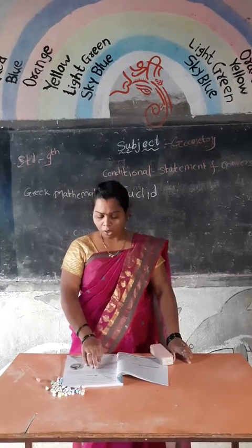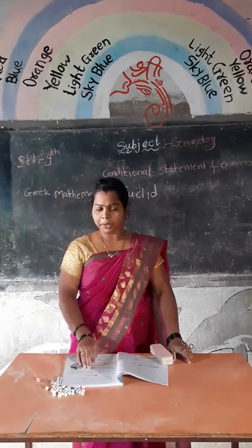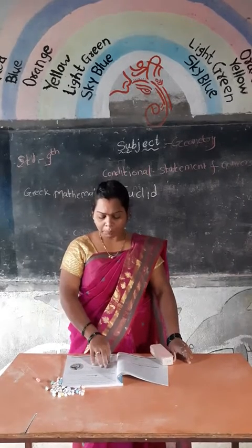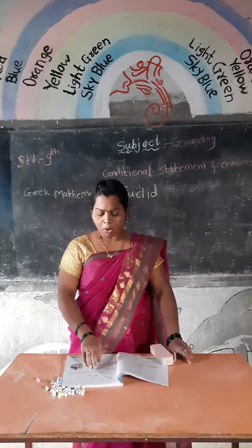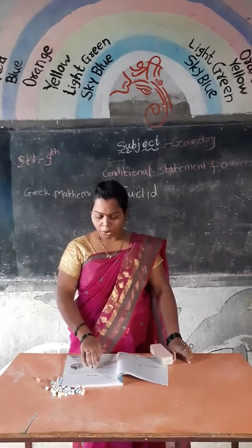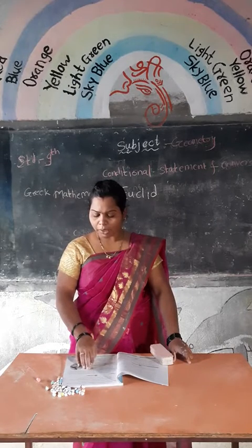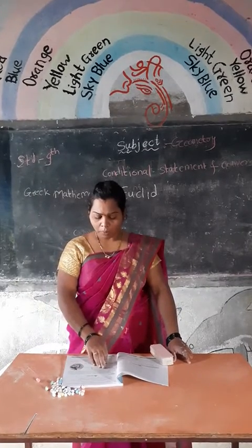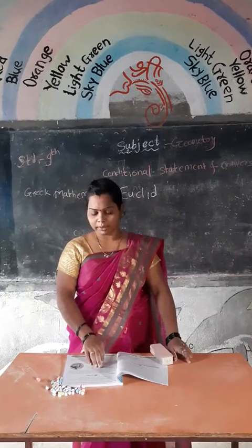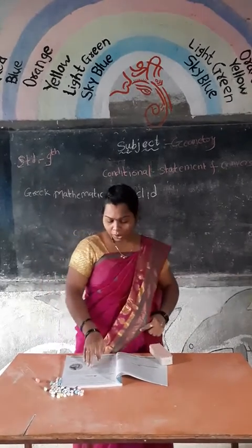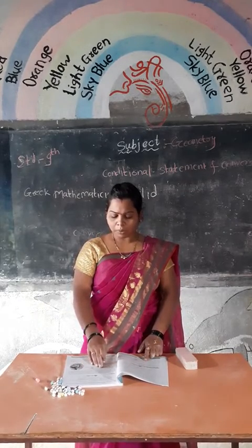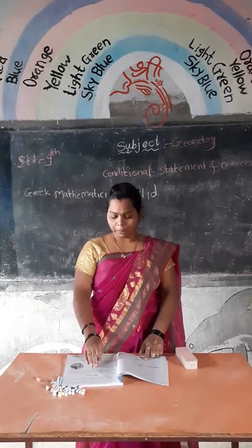He took for granted some self-evident geometrical statements which were accepted by all and called them postulates. He showed that on the basis of postulates, some more properties can be proved logically.